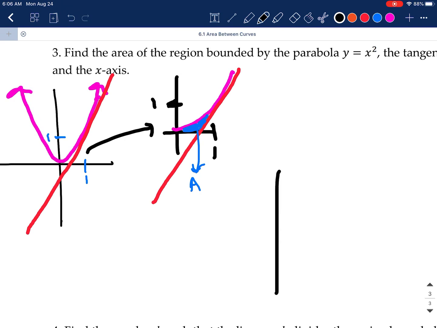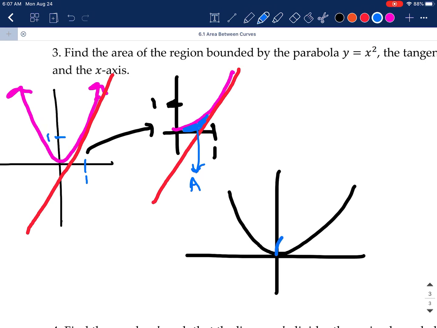So as a separate case, we could have a function that, say, looks like this. And maybe it looks, I don't know, something like that, right? So let's say from 0 to some value a. And in this case, for these 3 regions here, we would need 3 different integrals.